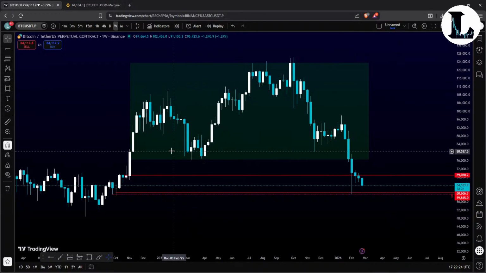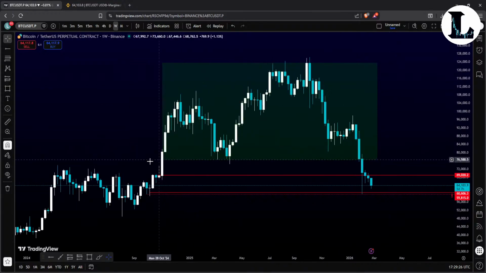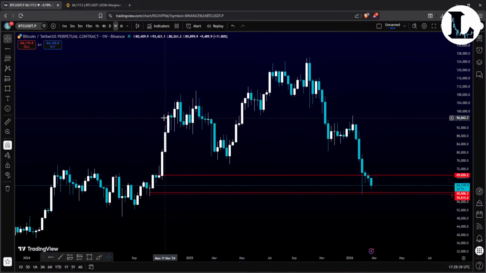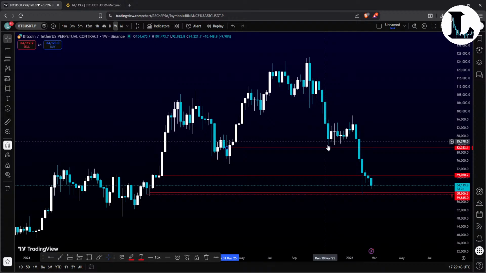So we have a range here. We created this range, okay. You can see that until this candle here, we did not come down to the previous range, okay. So there are two separated ranges here. So we failed to make this a big support, okay.